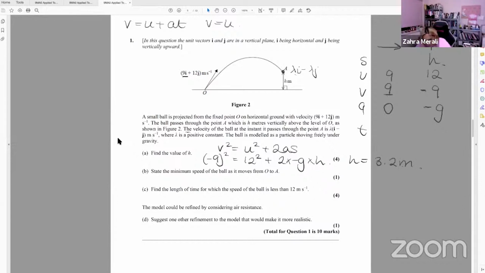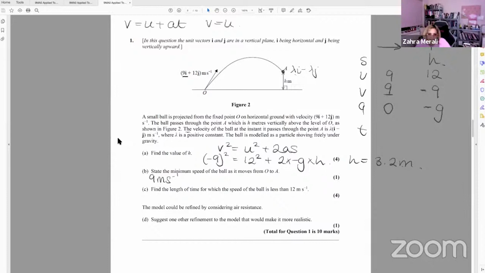We've got the minimum speed of the ball as it moves from O to A. So the minimum speed is going to be your horizontal squared plus your vertical squared, square rooted, but your horizontal is never changing. So there could be a point where there's no vertical speed. Therefore your minimum speed is always just your horizontal speed, so 9 meters per second.